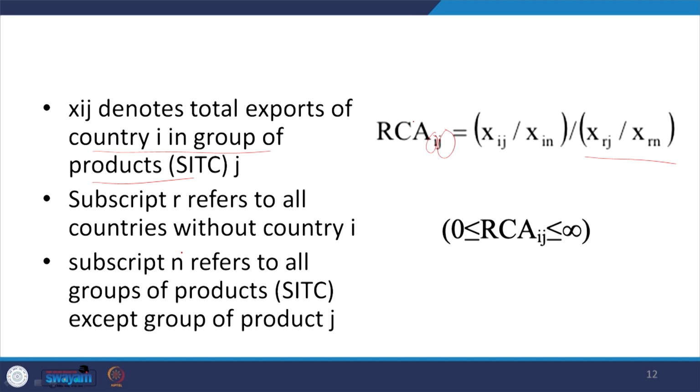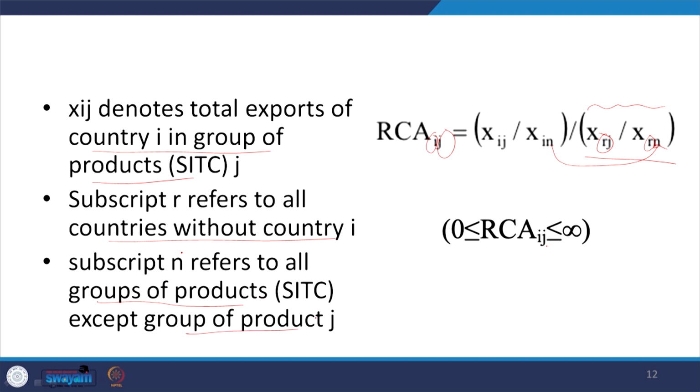Subscript R refers to all countries without country I, so we are here discussing other than the country. Subscript N refers to all groups of products except group of products J.